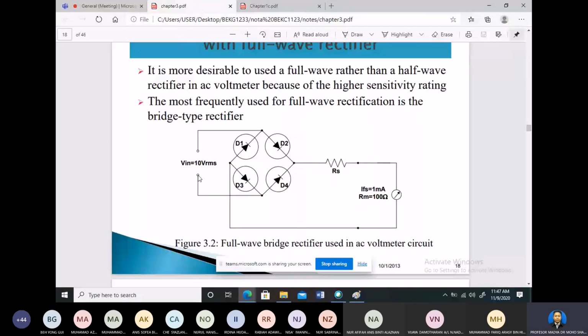So in the positive cycle, the current flows through D2 and D3. D1 and D4 will not function, they will be open.